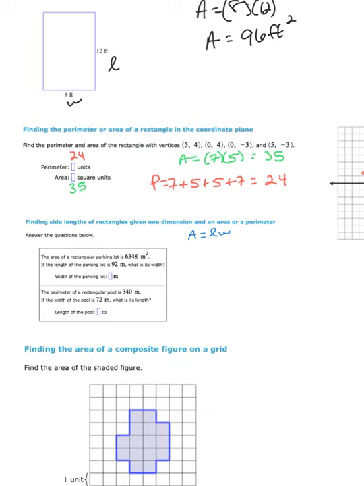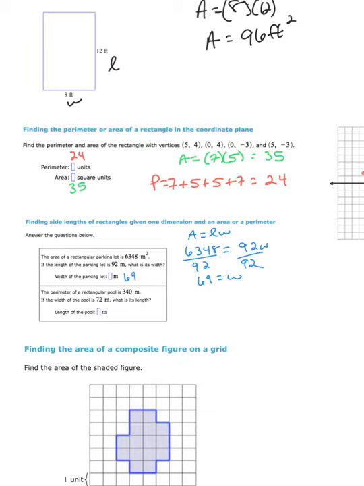Substitute what you do know and solve for what you do not. 6,348 meters squared equals 92W. Divide both sides by 92. Using my calculator on this one, 6,348 divided by 92. And I get 69 equals W, 69 meters.